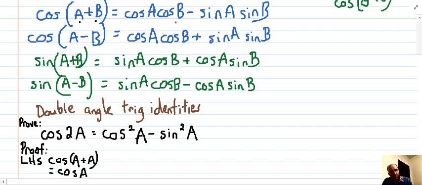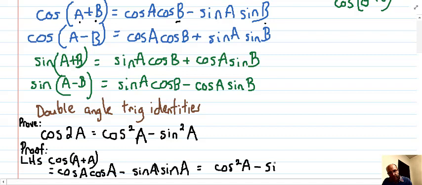Now instead of cos b, we have a again, so cos a times cos a minus sine a, and again we have a there subbing in for that angle, which equals cos a all squared, or cos squared a, minus sine squared a.